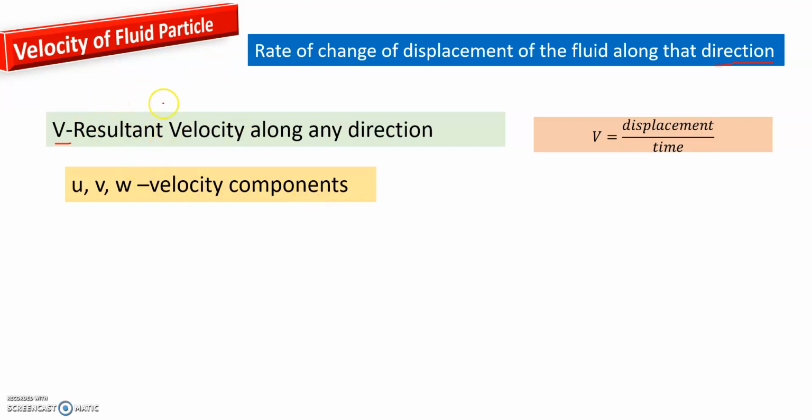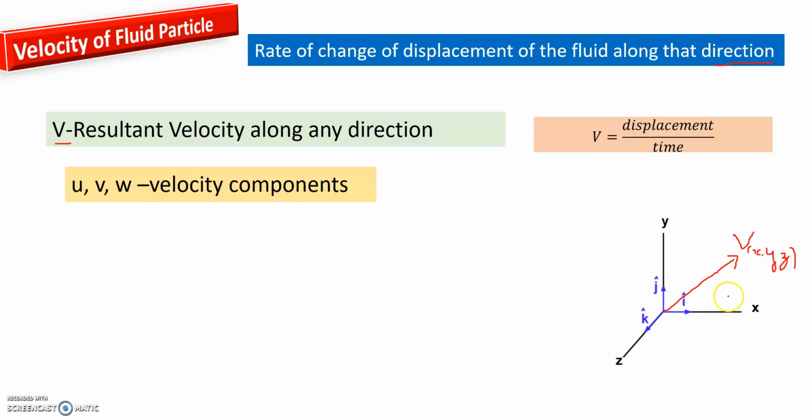Now if I start to represent this velocity in a three-dimensional space coordinate, suppose that velocity acts at a point. At this point, this V can be represented in terms of coordinates x, y and z.